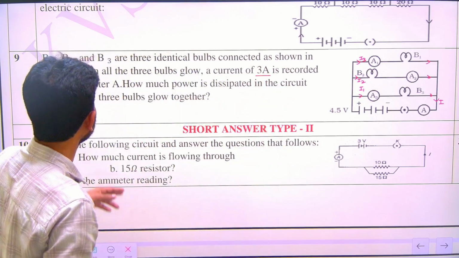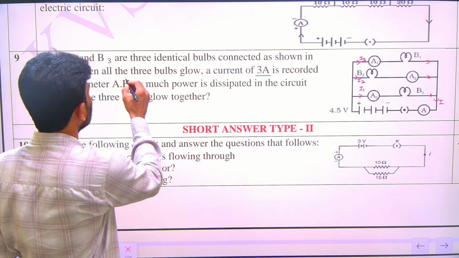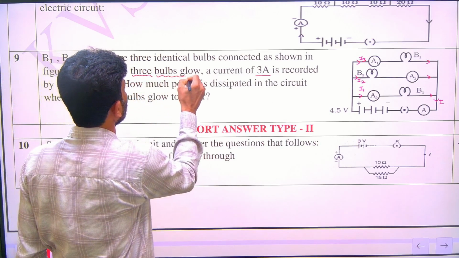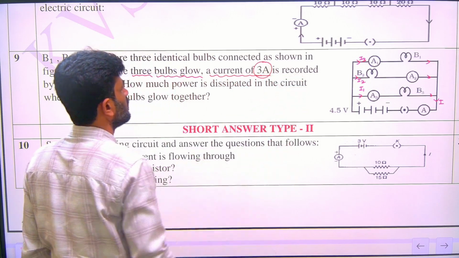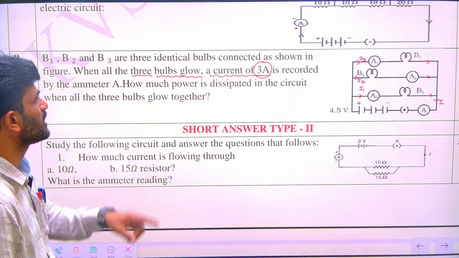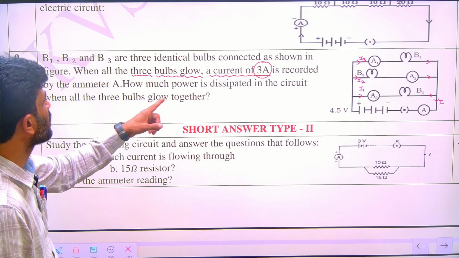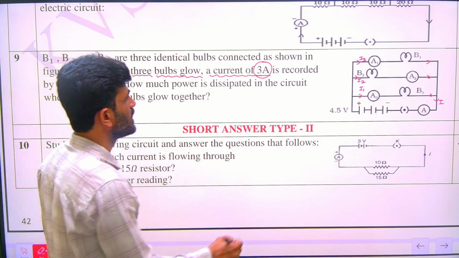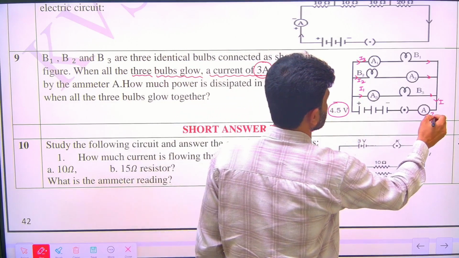So that I, the total current, is given. Why is it the total current? Because when all the three bulbs glow, a current of 3 amperes is recorded. It means the total current recorded in the ammeter is 3 amperes. How much power is dissipated in the circuit? Total voltage is given, total current is given as 3 amperes.